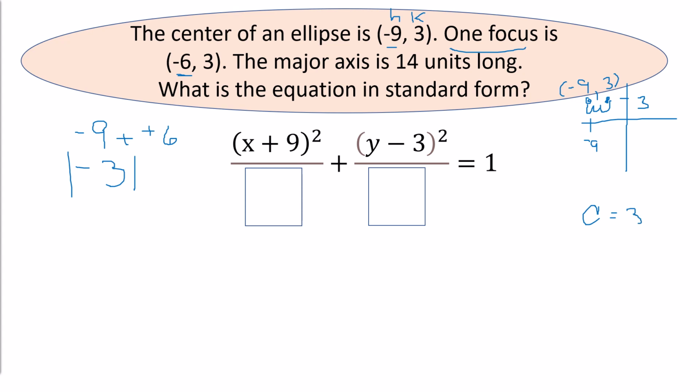The major axis is 14 units long. So from the center here, half of 14 is going to be all the way to the right and to the left. So if we take half of that, we're going to get the semi-major axis, which is the number of units to the vertex. So that's going to be 7.